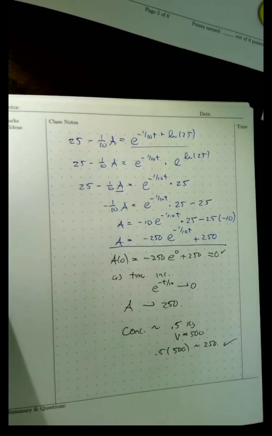So let's organize the information. So stuff is going to enter at 50 liters per hour. The concentration is going to be 1/2 kilogram per liter. And it leaves at a rate of 50 liters per hour.